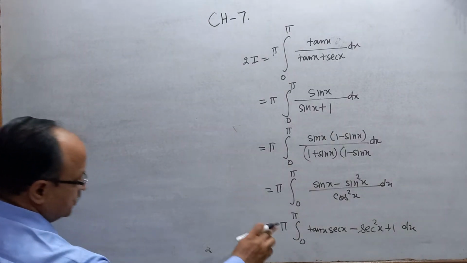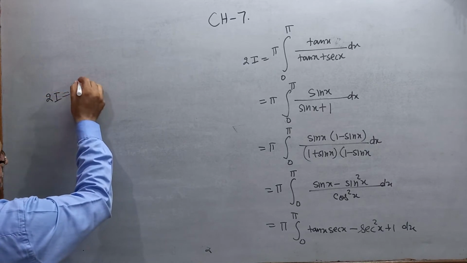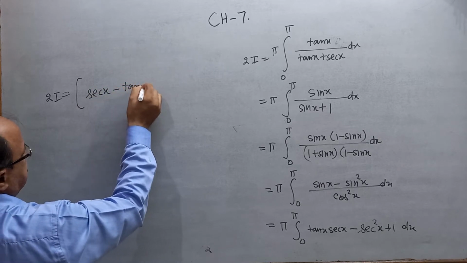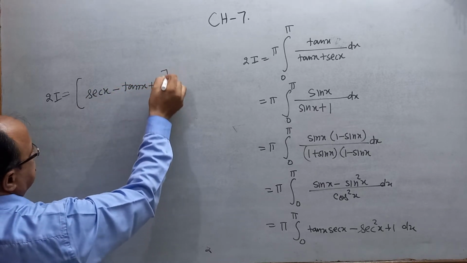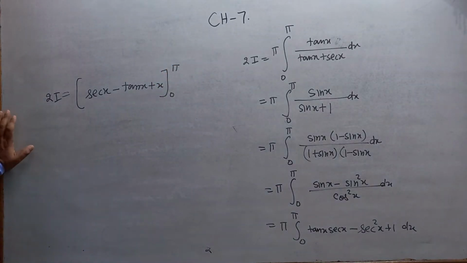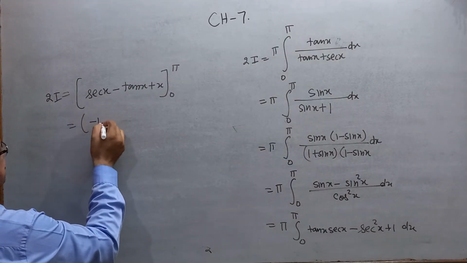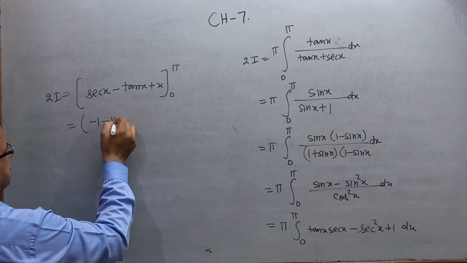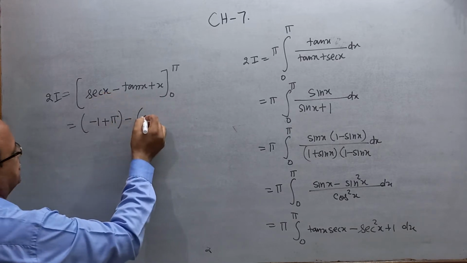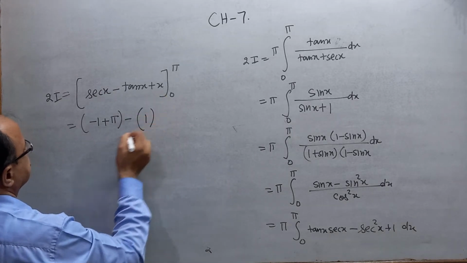Now integration of tan x sec x, you know very well, that is sec x, and sec square x minus 1 gives tan x minus x, from 0 to pi. Now apply the limit: sec pi is minus 1, tan pi is 0, that is pi, minus put 0: sec 0 is 1, tan 0 is 0, and that is also 0.